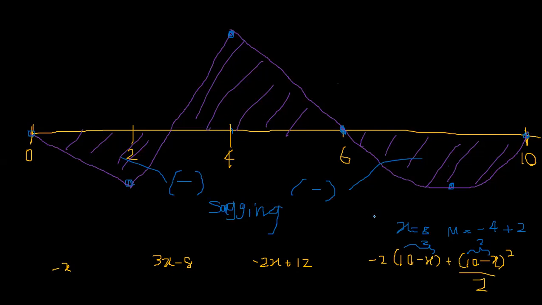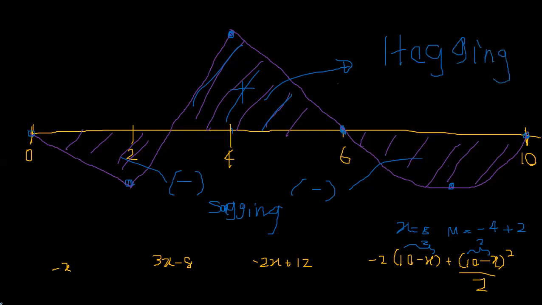We cannot really say if it is sagging or hogging even for a beginner, but you can see from this one, it is positive, right? So in this part, you have hogging moments, right? Hogging bending moments.